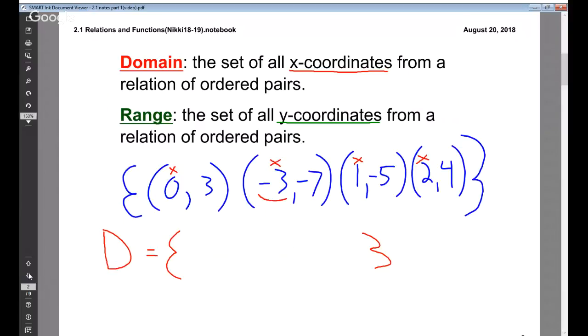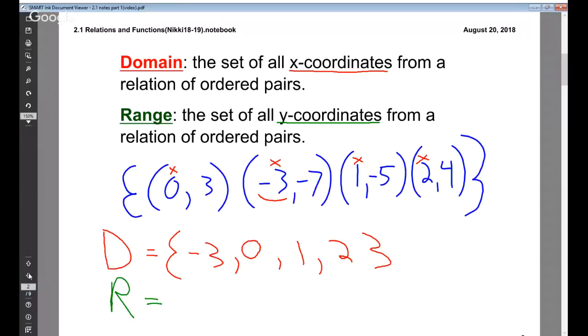So since the smallest number is -3, you're going to write -3 next. And then after that, the second smallest number is 0, and then 1, and then 2. And just like that, you have your domain. The range, very simple and very similar. Try this one on your own.